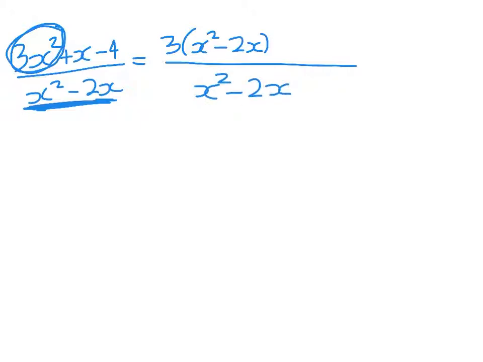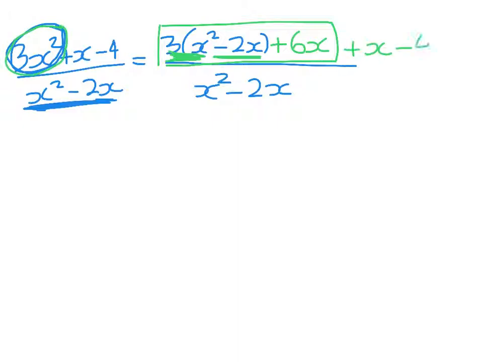This should feel a little bit like when we learned how to do completing the square. What have I done in here? Well, I've got my 3x squared, but now I've taken away 6x. I'm going to add that back in now. This now gives me the 3x squared plus x minus 4. Some of you will have faster ways to do that in your head already.